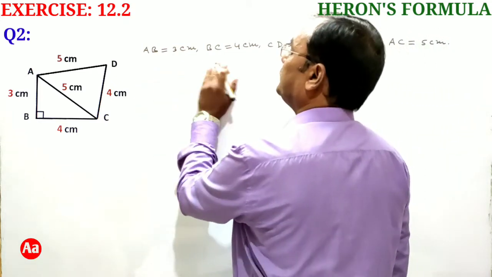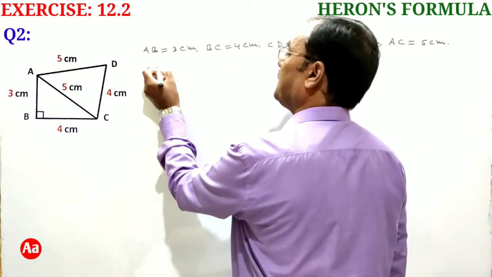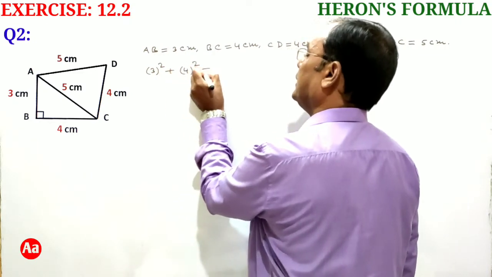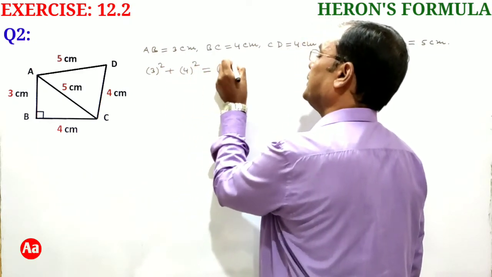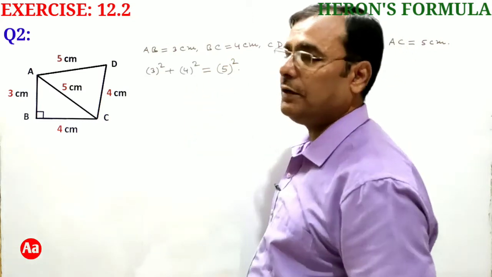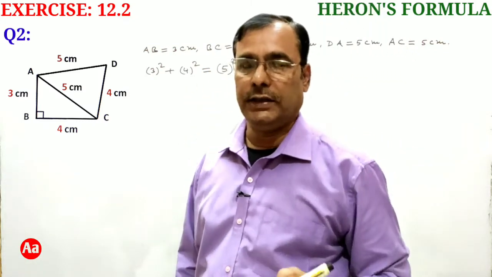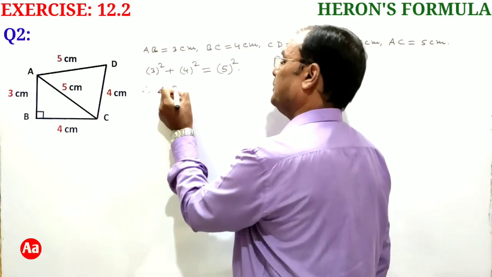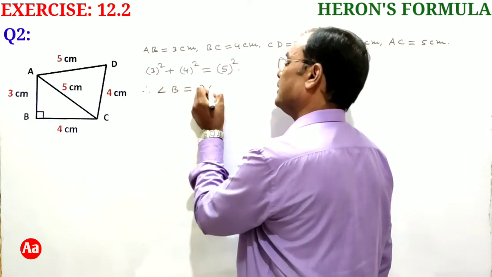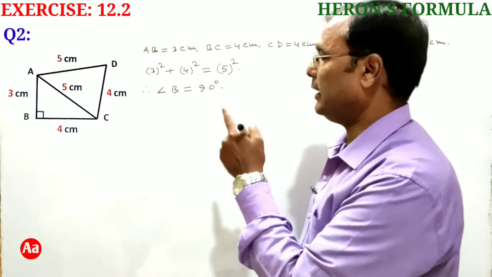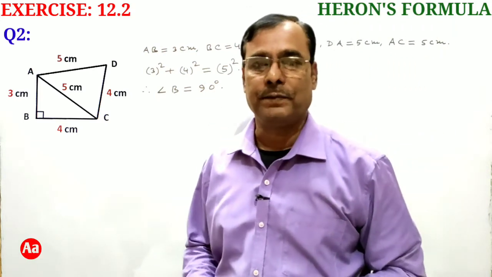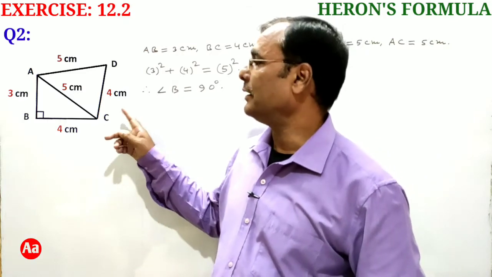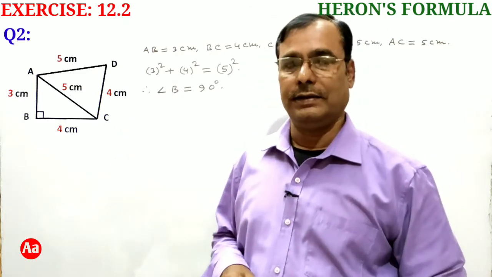Here we can see 3 square plus 4 square is equal to 5 square. That means 3, 4, 5 form a Pythagorean triplet, and therefore angle B is 90 degrees. When angle B is 90 degree, then triangle ABC is a right angle triangle, right angled at B.